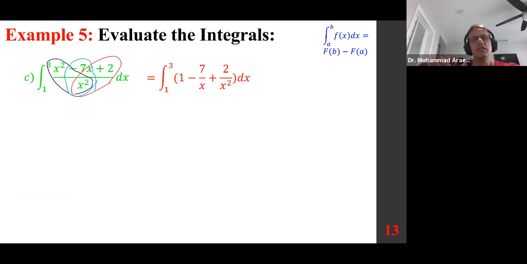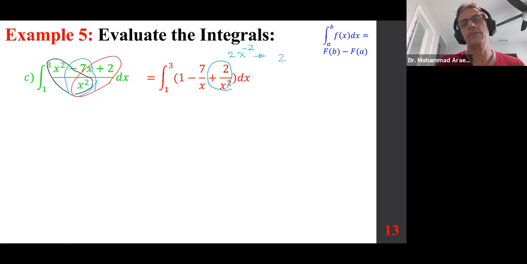Now, to integrate, the first one is very obvious. You look at this one and you decide to go with x, right? The variable is x. So 1 gives you x, minus 7. 1 over x gives you natural log. What did we do here? So let's look at this last piece. We wrote this one as 2x to the power of negative 2. In other words, we used the power format so we could integrate or anti-differentiate.